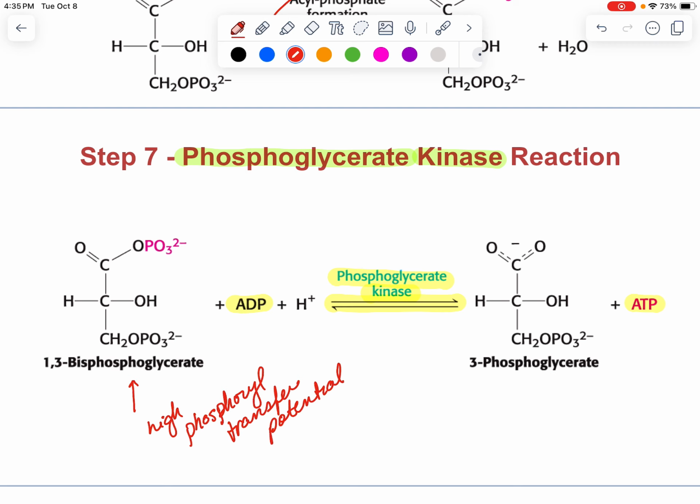All right, so we are going to take this phosphate group and it's going to get added to the ADP. Okay, we're going to call this substrate level phosphorylation, because these are both our substrates.